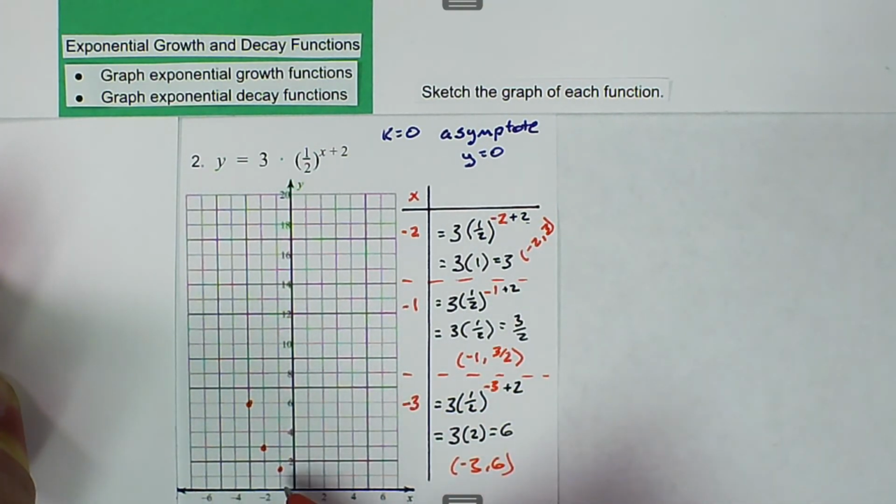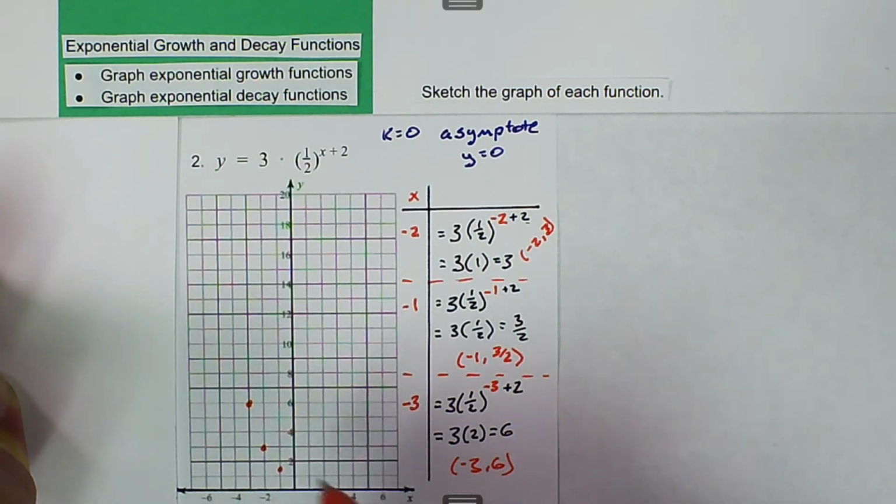And then we should start to develop a pattern here. If we go from this point, we go over 1, we're going to go down 1.5. And then from this one, we're going to go over 1, down 3. So each time in the pattern, we are going twice as much.